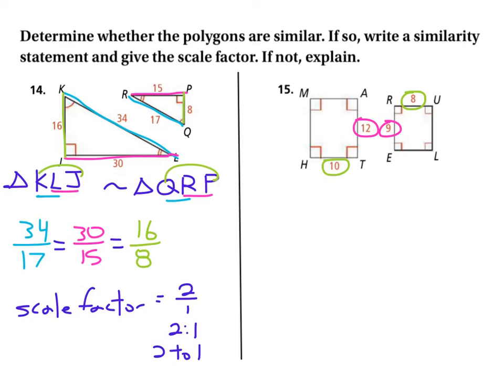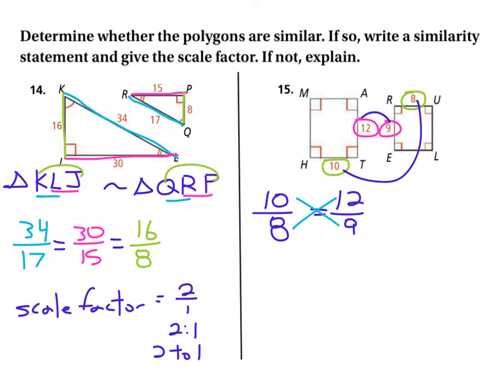So when we write this, 10 is to 8 as 12 is to 9. Okay, so now how do we know whether these are truly proportionate?